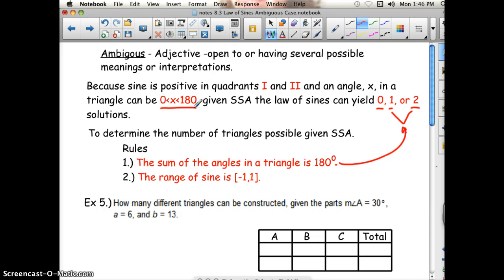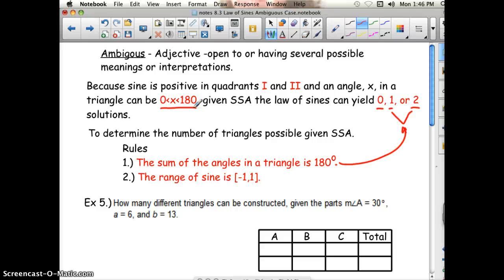You have a little bit of flexibility because you can use that angle as a reference angle in the second quadrant. For example, the sine of 30 equals the sine of 150, so 30 and 150 could be 2 possible answers. So that's how I know if there's going to be 1 or 2: do I have enough room for all 3 angles to add up to 180?